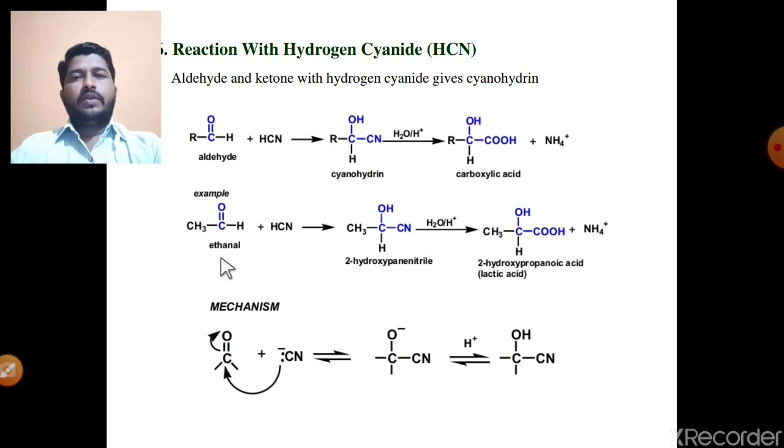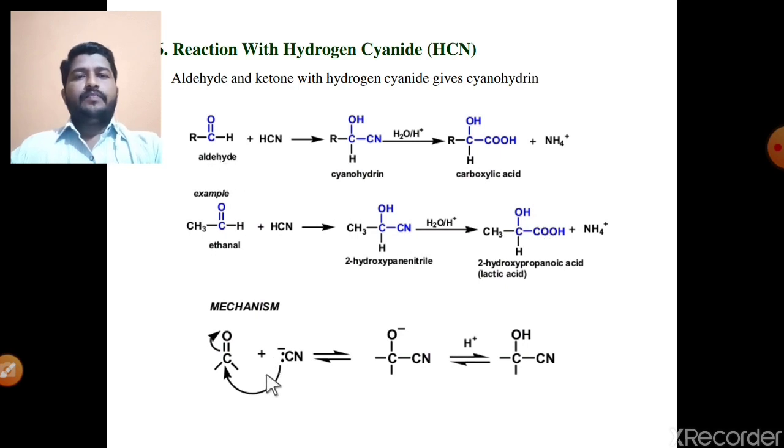For example, see the simple mechanism: this aldehyde molecule in the presence of hydrogen cyanide gives 2-hydroxy pentane nitrile. Hydrolysis of this CN group, the nitrile, converts it into the corresponding carboxylic acid.